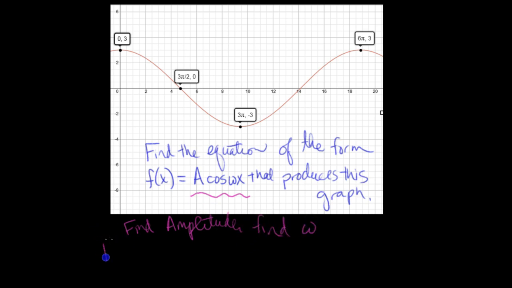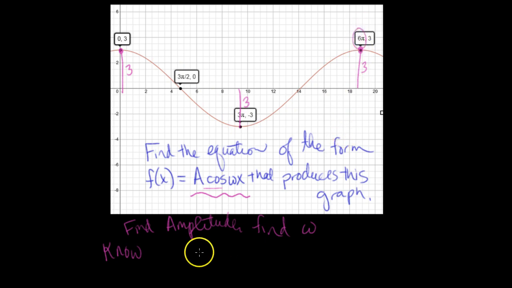Okay, so from the graph, you can see that this distance right here, that maximum is 3 units, the maximum here is 3 units, and the maximum here looks like 3 units. Since they say that this is cosine, it matches cosine, meaning it completes one complete cycle in, it looks like, 6 pi radians.